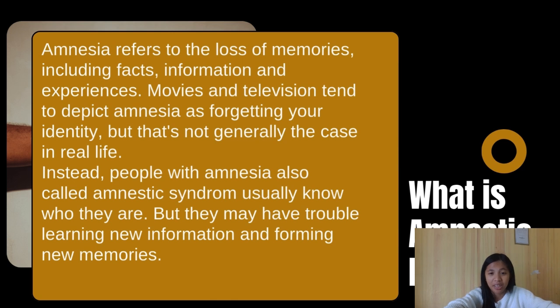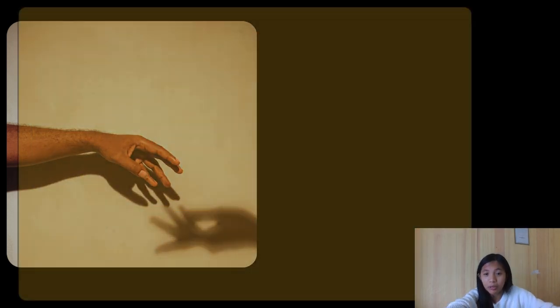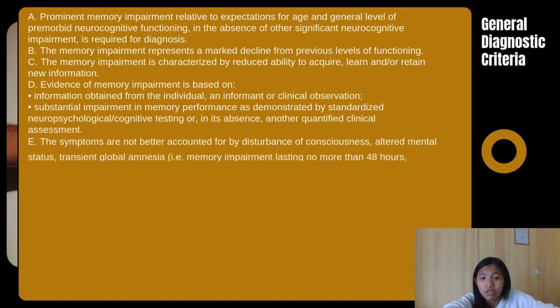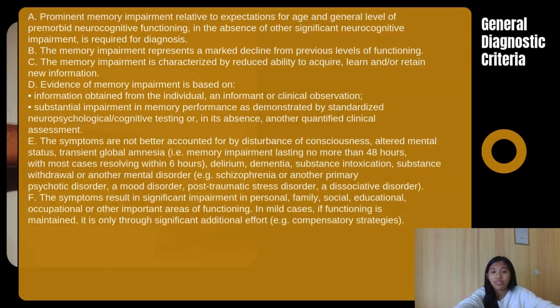Hindi ganun ang amnesia. Let's take a look at the general diagnostic criteria for us to be able to understand more what is amnesia. Number one, prominent memory impairment relative to expectations for age and general level of premorbid neurocognitive functioning.